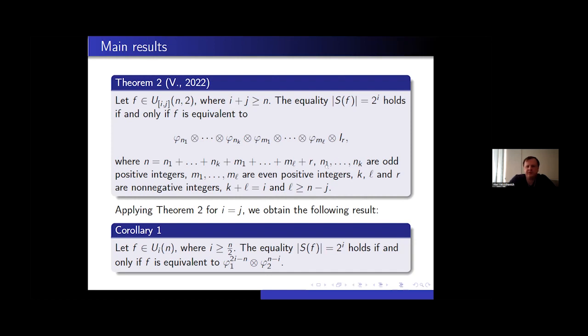And we have that numbers n1 and so on and k are all positive integers, numbers m1 and so on are even positive integers, and k and r are negative integers, and k plus l is equal to i, and l is greater than or equal to n minus j.